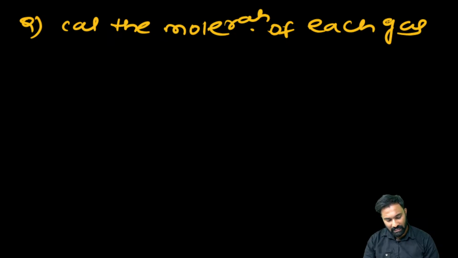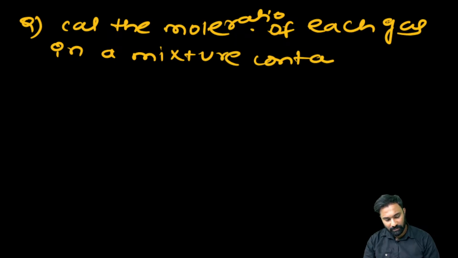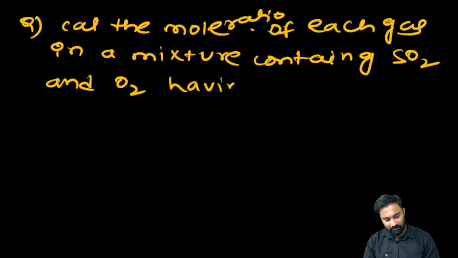Calculate the mole ratio of each gas in a mixture containing SO2 and O2 having M average equal to 50.